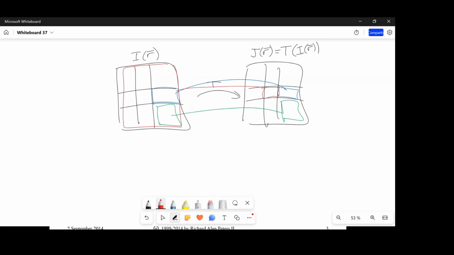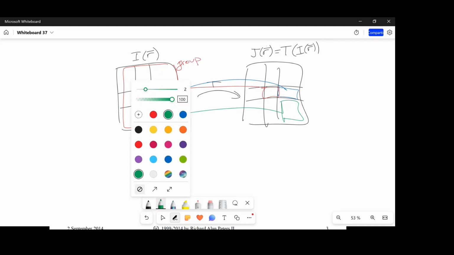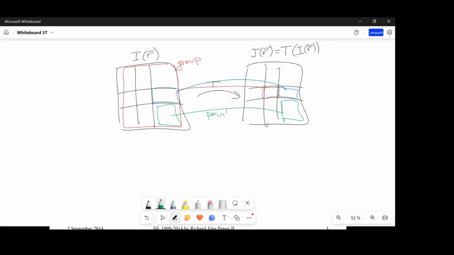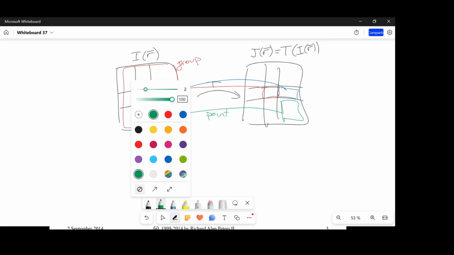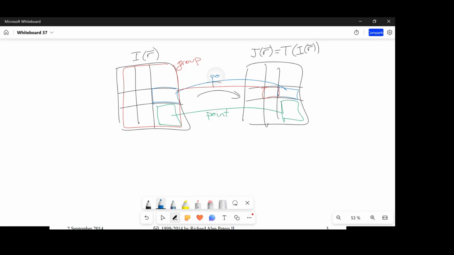But for point processing, the restriction is that you can do whatever you want with the pixels, but it has to be one-to-one. And as such, this transformation can do anything. So I give you the image, I can do whatever I want with the image. We have the whole information there.